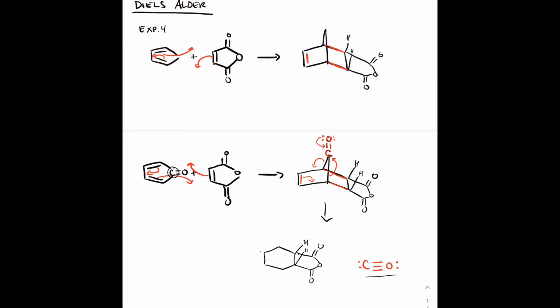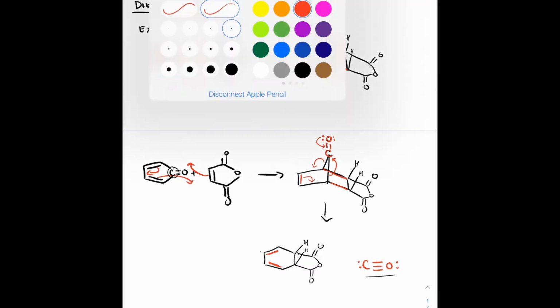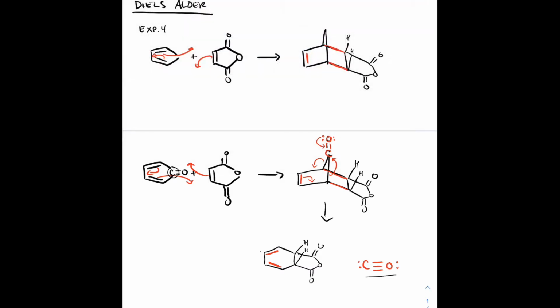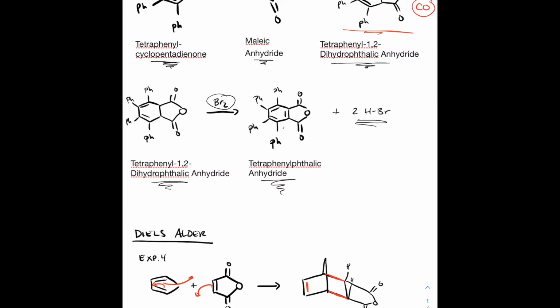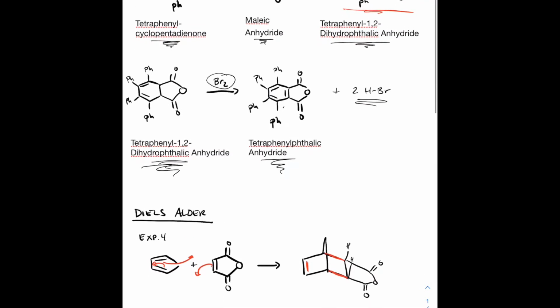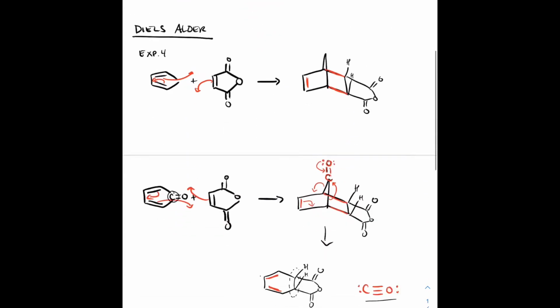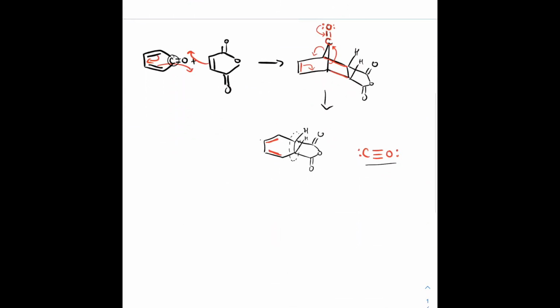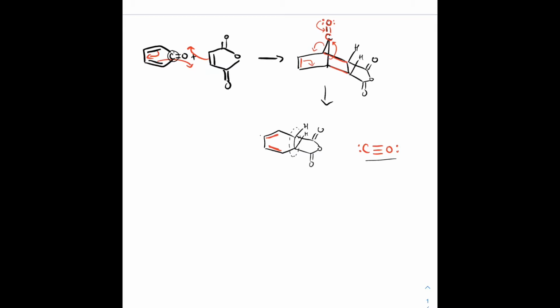But now if you take a careful look at that CO, all of the carbon-carbon bonds have been broken, and so now that carbon monoxide can actually leave. And if we take a closer look at the location of the electrons, we see that it now looks just like the dihydrophthalic anhydride product that we wanted. That's why I think this particular Diels-Alder reaction and this mechanism are really cool.